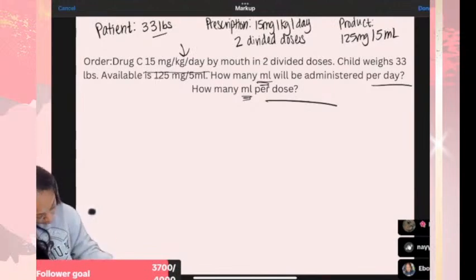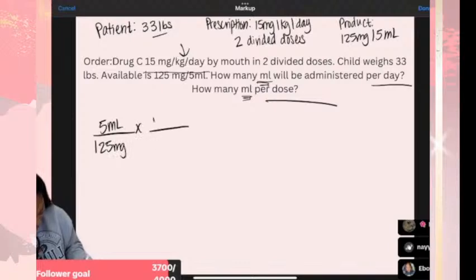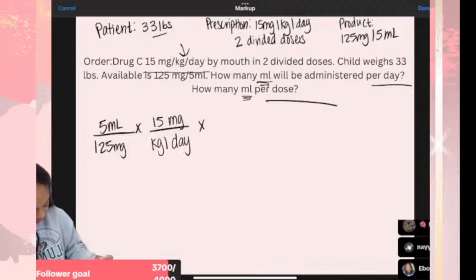All right. And of course the medicine. So 5 mLs over 125 milligrams, okay? Next, go to your order. We got milligrams on the bottom, so we'll have milligrams on the top. 15 milligrams per kilogram per day, okay?